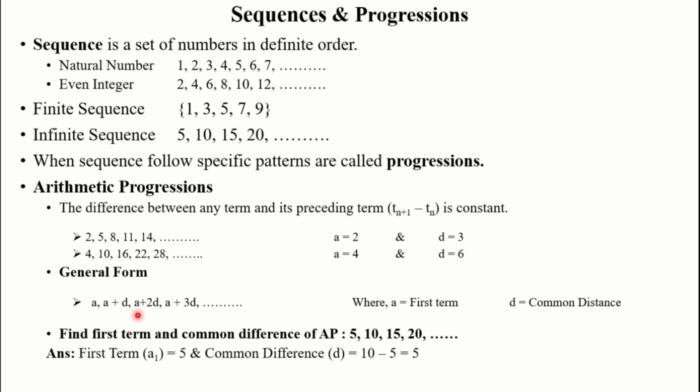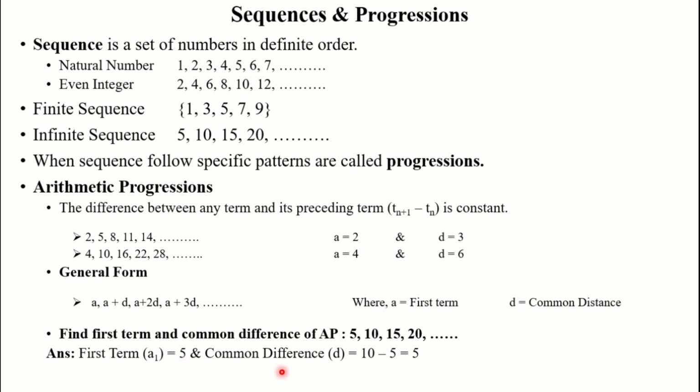There are three types of problems always asked on arithmetic progression. The first is to find the first term and common difference of an arithmetic progression, for example 5, 10, 15, 20. The first term is the starting term of that progression, that is 5, so a1 is equal to 5. How can we find the common difference?